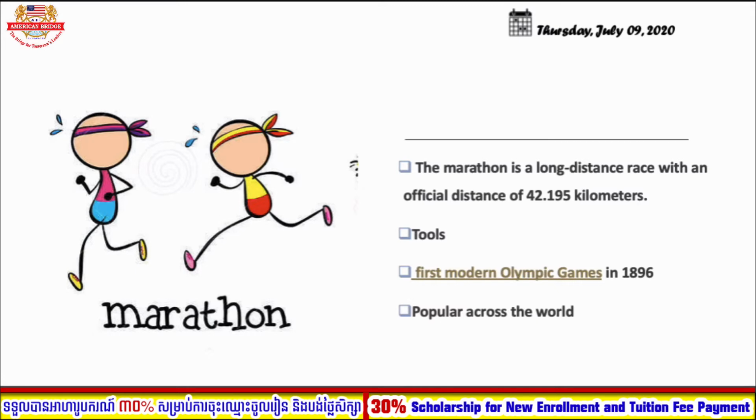So you have to run for 42 kilometers. It's quite a long distance, right? But people joining this sport join as a team and they can run all together. And what are the tools that you need to do this sport? Very simple, right? You need only a running shoe and that's it. You just put on your shoes and run on the road.